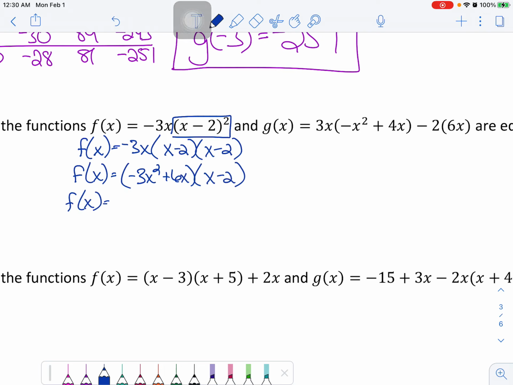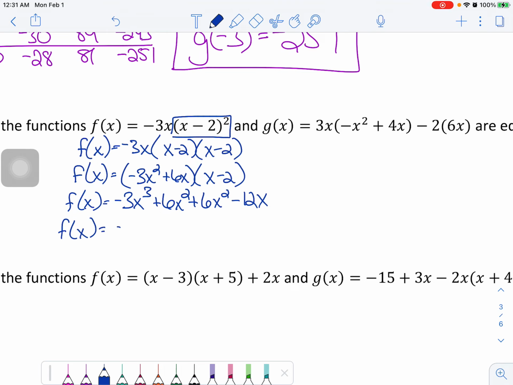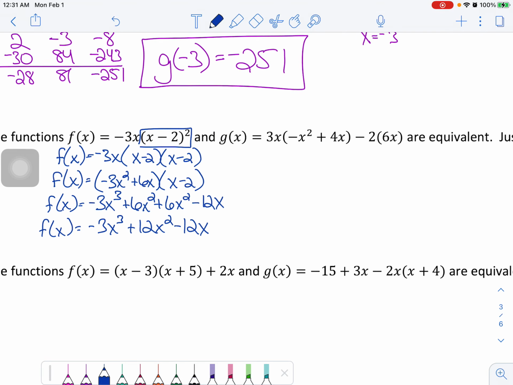And I'm going to distribute now this -3x squared plus 6x to x minus 2. So let's see, -3x cubed plus 6x squared plus 6x squared minus 12x. So f of x is equal to -3x cubed plus 12x squared minus 12x. All right, so that's what f of x is.